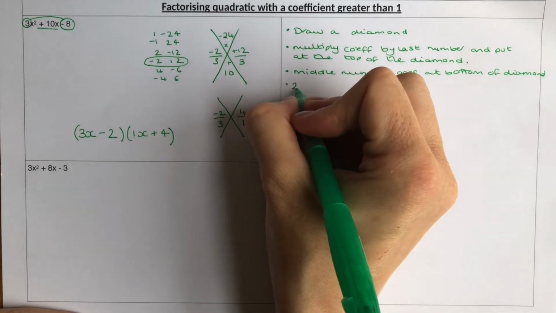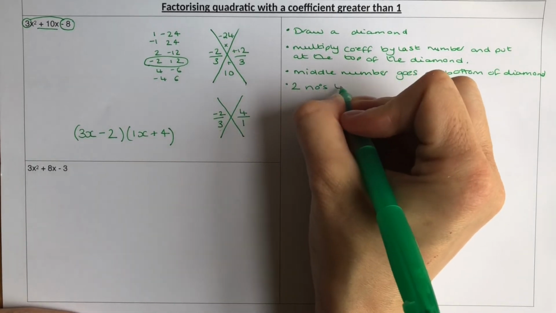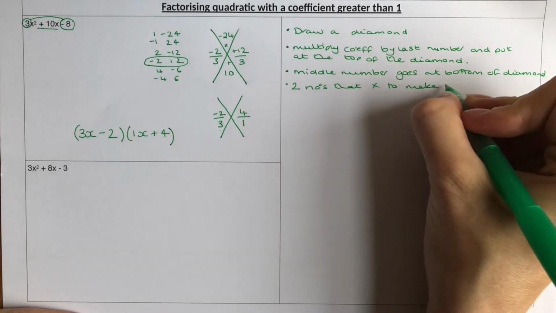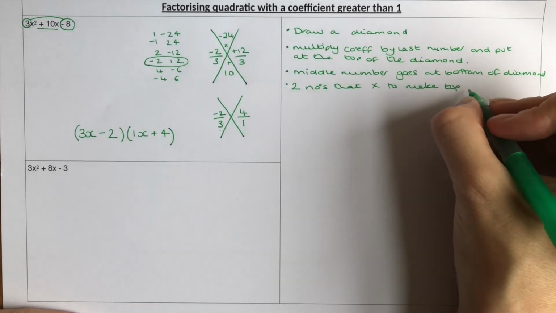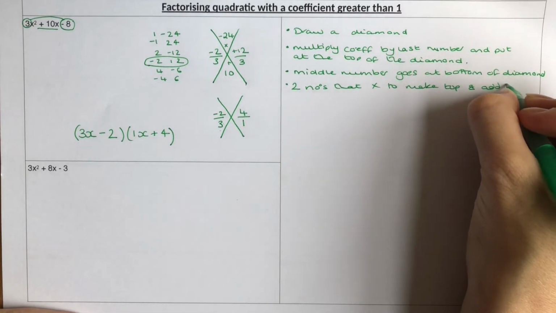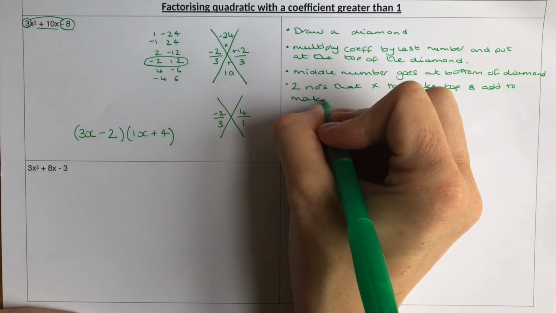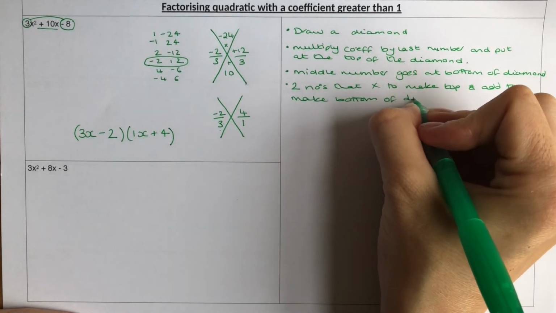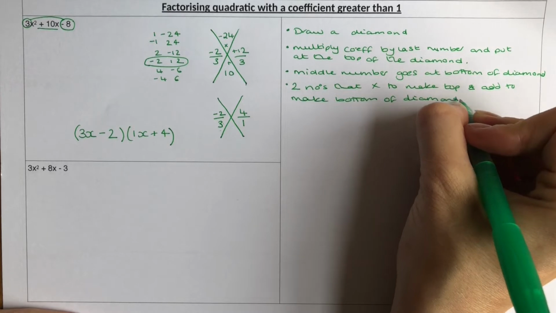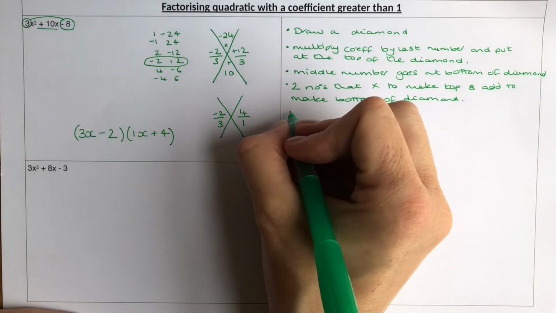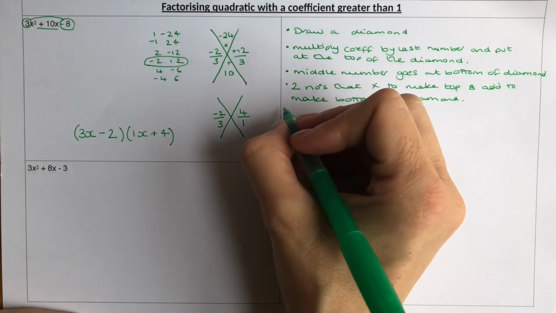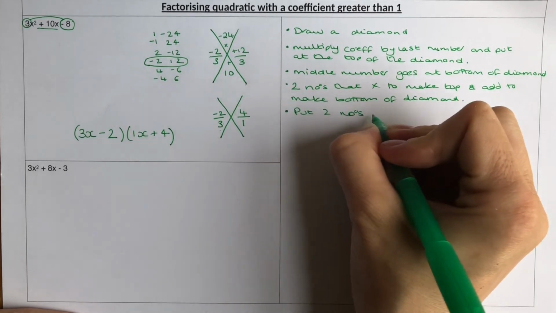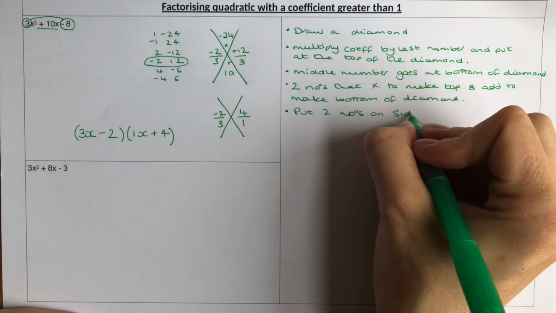Okay, now you need 2 numbers that times to make the top of the diamond and add to make the bottom of the diamond. Once you've got those 2 numbers, put the 2 numbers on the sides of the diamond.